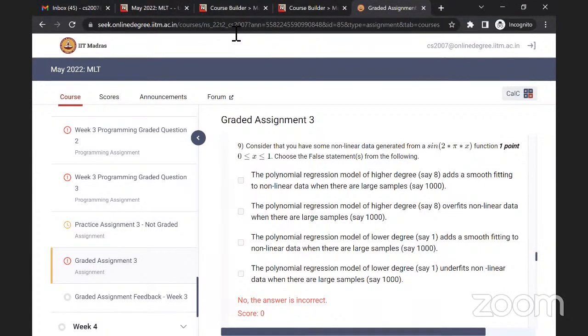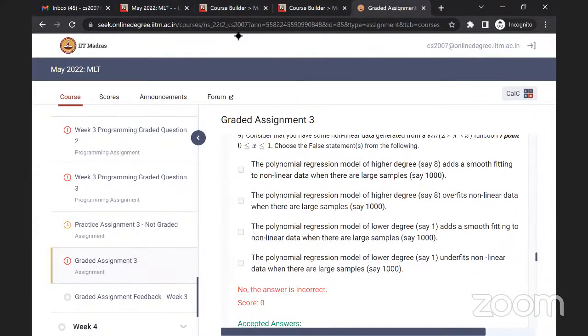The polynomial regression model of higher degree, say 8, adds a smooth fitting to nonlinear data when there are large samples, say 1000. The polynomial regression model of higher degree, say 8, overfits nonlinear data when there are large samples, say 1000. The polynomial regression model of lower degree, say 1, adds a smooth fitting to nonlinear data.